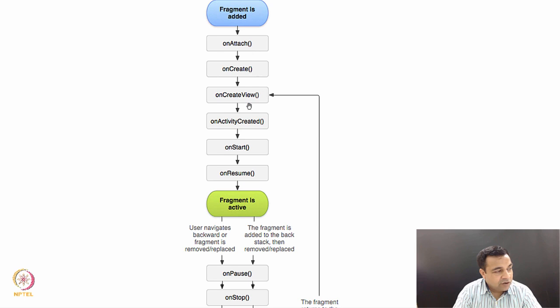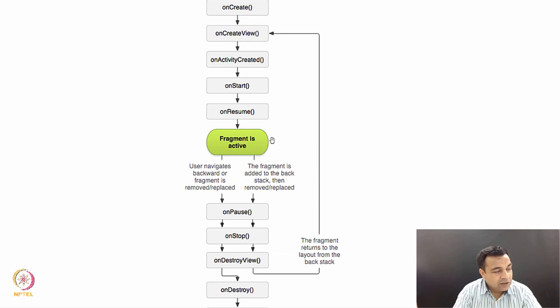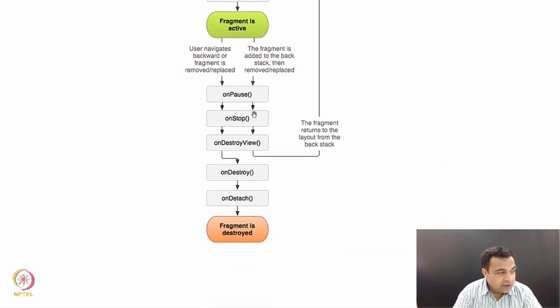Similarly, onAttach, onCreate, onCreateView, onActivityCreated, onStart, onResume. Just like an activity, a fragment also gets active after the call to onResume. And then onPause, onStop, onDestroyView, onDestroy, onDetach.